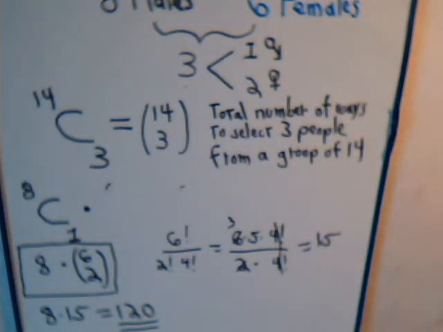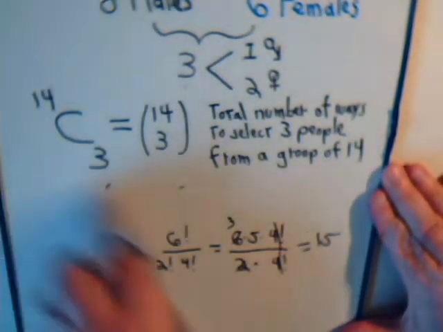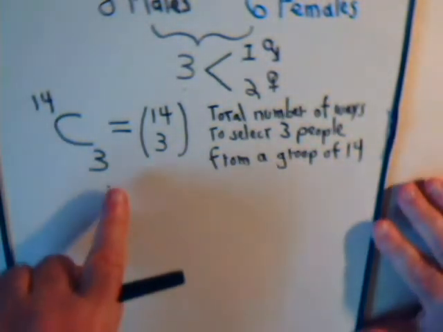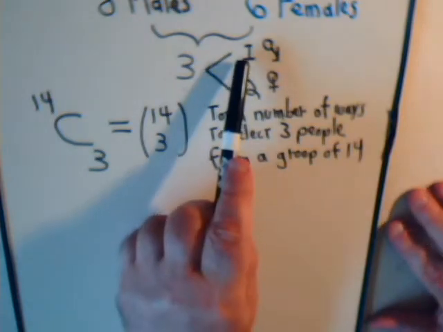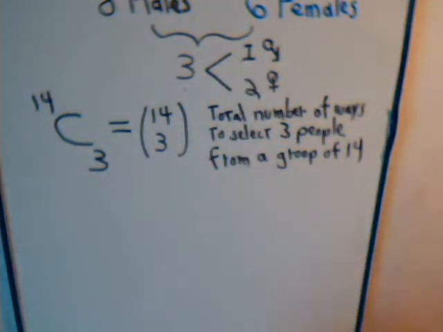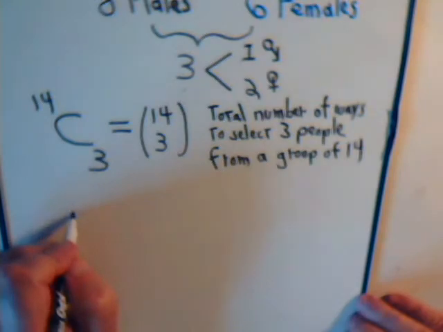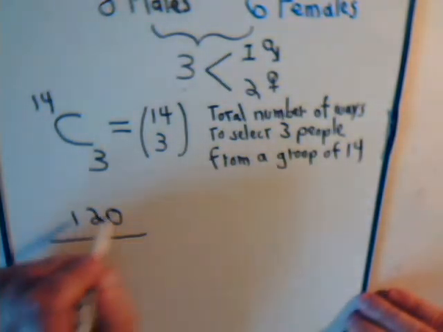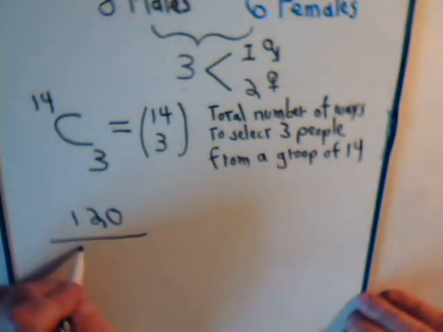Now, what is the total number of ways that we can select 3 people from this group? That's this binomial coefficient right here. Our probability of selecting 1 male and 2 females from the group is 120, the total number of ways that we can make this selection, divided by this binomial coefficient.